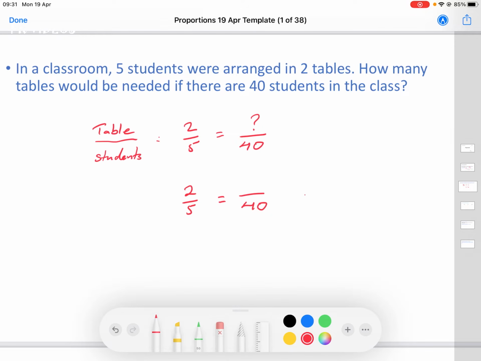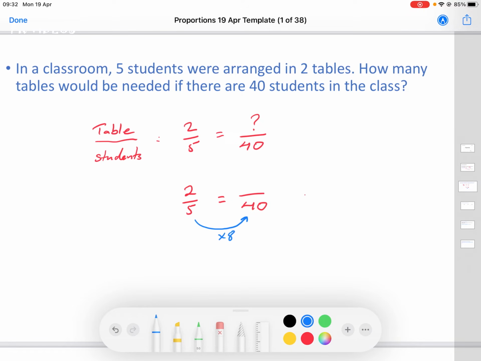We need to find a scale factor. If you look at the denominator, the first denominator is 5 and the second denominator is 40. How many times 5 will make 40? Yes, 5 times 8 will make 40.